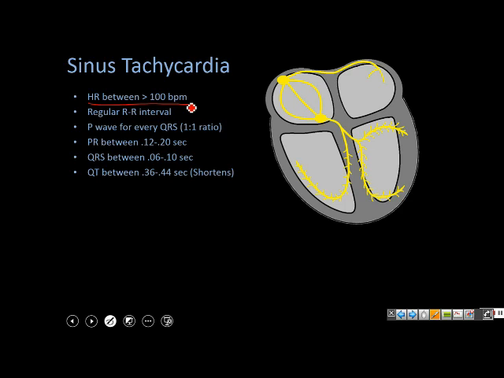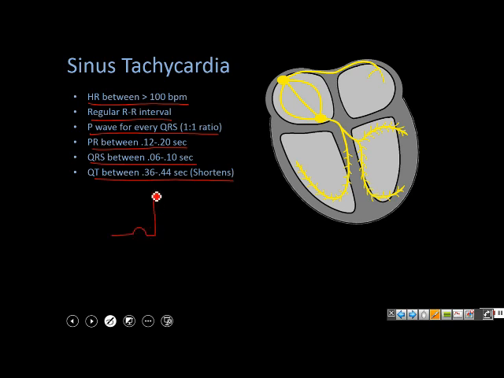Now, all the other things remain the same. Your regularity should be the same. It should be regular. You should also have one P wave for every QRS. PR is expected to be the same. QRS should not change. The only thing that really does change about measurements related to rate is the QT interval. The QT interval tends to shorten with increases in heart rate.